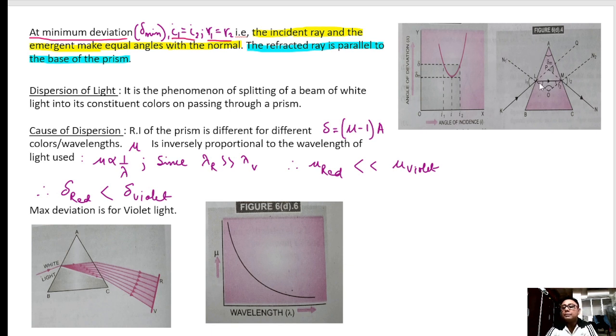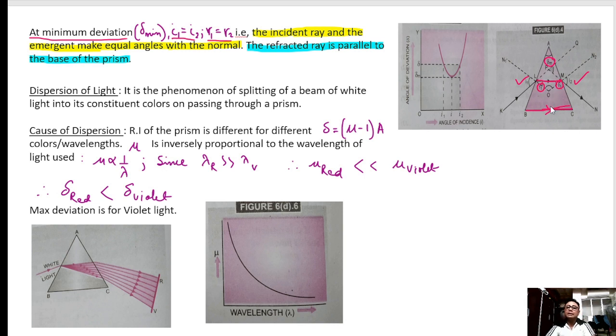Here you can see the refracted ray is parallel to the base of the prism. This is the base of the prism, and here is the minimum deviation angle. So this angle should be equal to this angle, and R1 should be equal to R2.